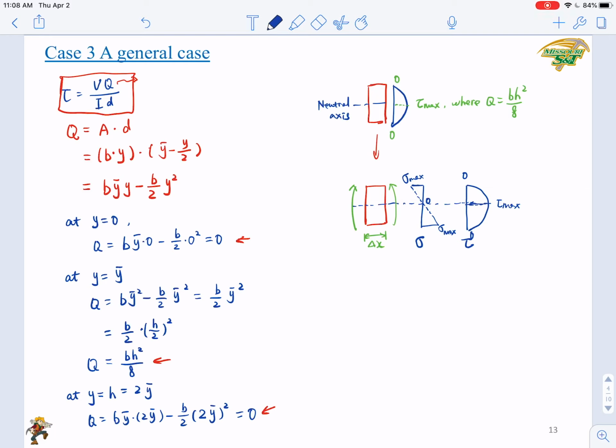Okay, you can see that at the locations where you have the maximum normal stress, like the bottom and top, right, you have 0 shear stress. Where you have 0 normal stress at the global centroid, you have the maximum shear stress. Okay, this is the interesting comparison between the two types of stresses.